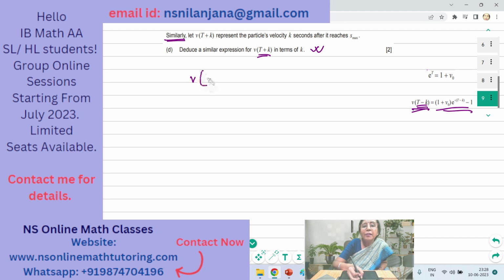We will be writing V of capital T plus k is equal to, from subpart C, we get, let me write this in the next line because we will be having some subscripts.